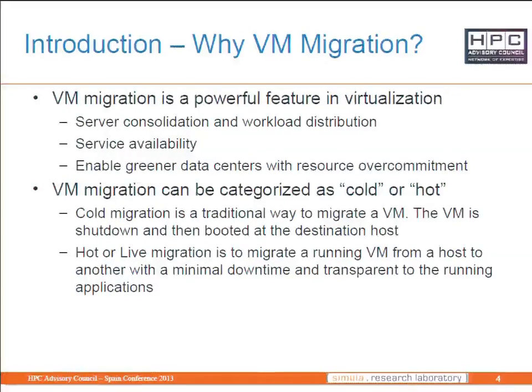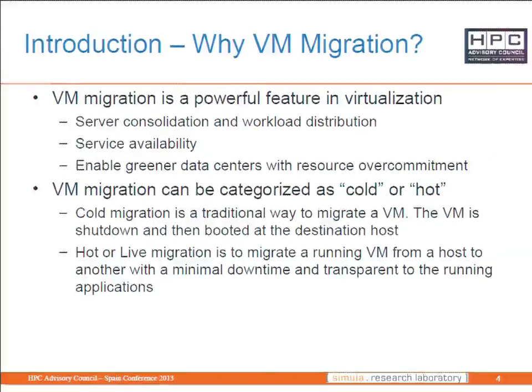So VM migration can be categorized as cold or hot migration. Cold migration is the traditional and simple way to migrate a virtual machine. We need to shut it down, then move it to a destination host and boot it up again. No problems here, even with InfiniBand. But that's not very desirable in live environments where we want to optimize the workload.